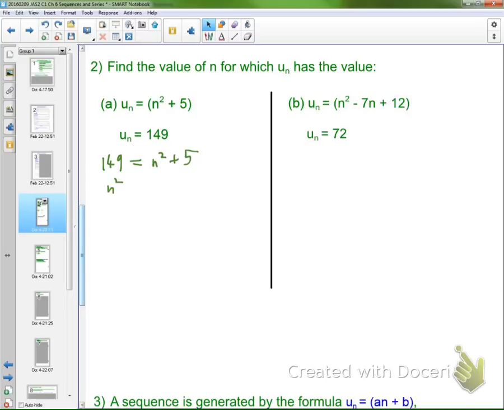So we get n squared is equal to 144, n is equal to plus or minus 12. But can we have a negative 12th term? At this point it's worth thinking about what n represents, and it is just a natural number. It's just representing which term we're talking about in the sequence, and we don't have a negative 12th term. So we dismiss our negative solution, and we just have that n is equal to 12.